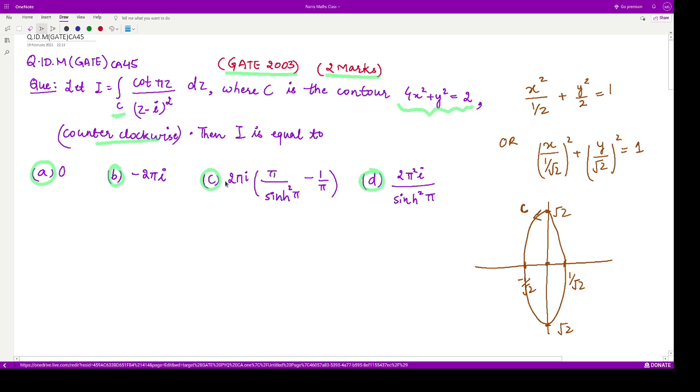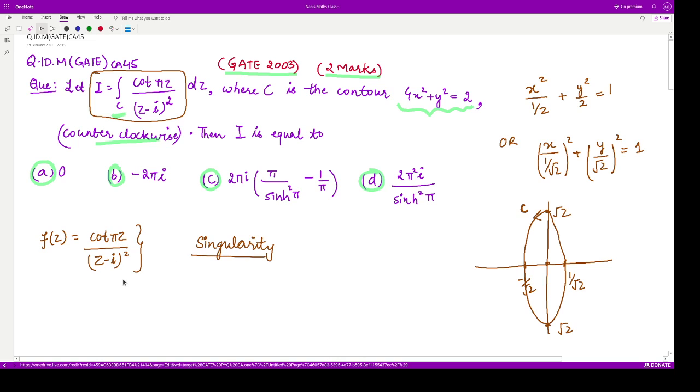Now in order to calculate this integral, let us first check all the singularities. Let us first assume our function f(z) to be cot(πz) divided by (z minus i) whole squared. Let us check all the singularity points, that means the points where this function is not analytic.